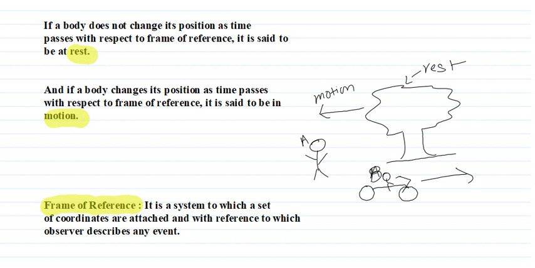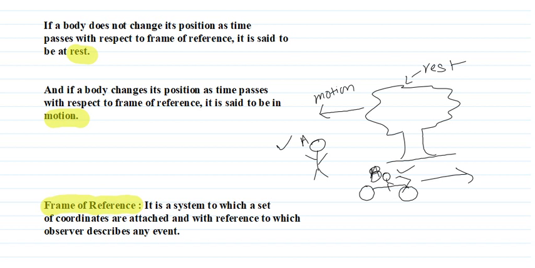In physics, both observers are right: A is right, B is right, but the observations are different. In the first situation, according to A, he stands on the platform, which is a reference frame at rest.